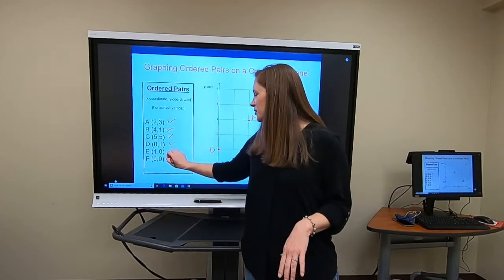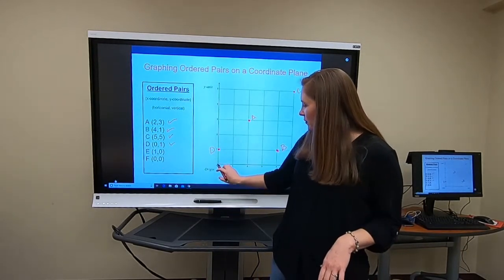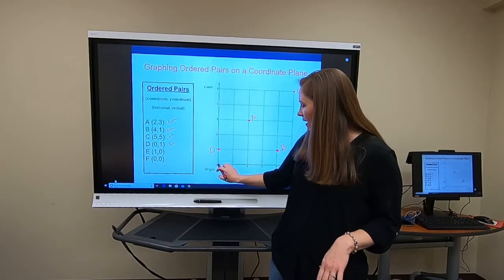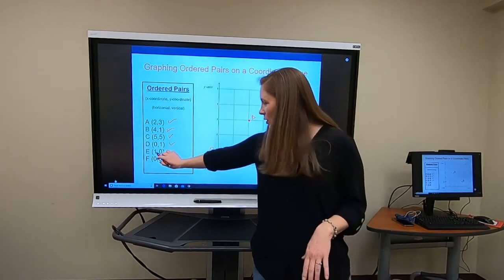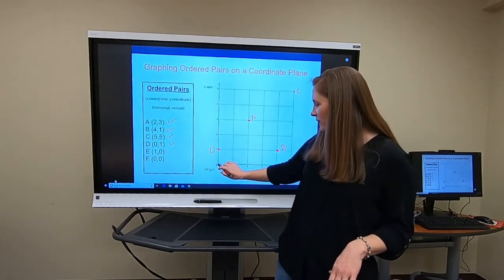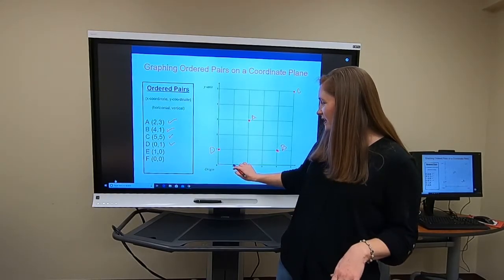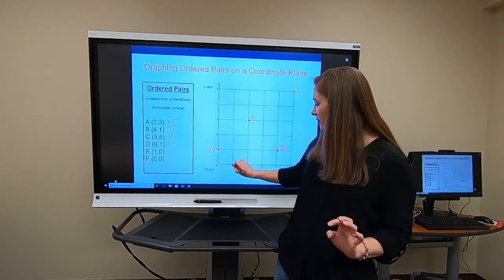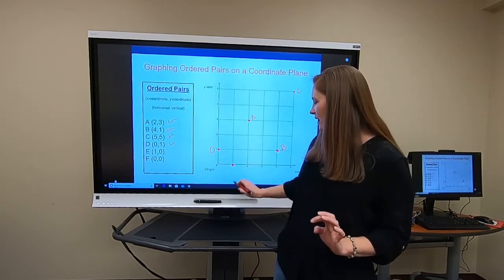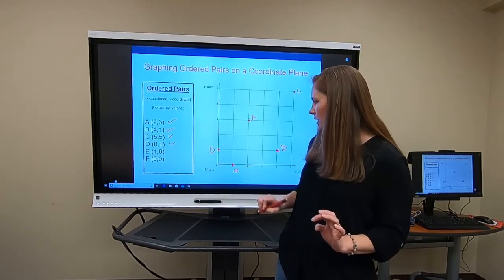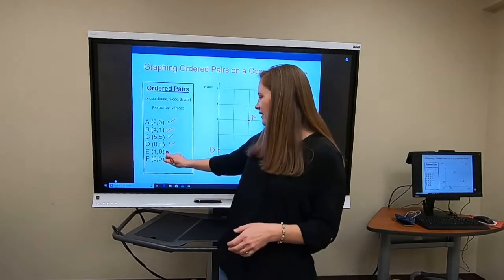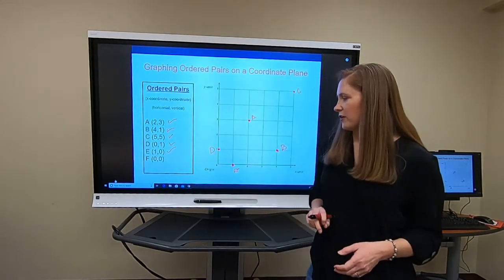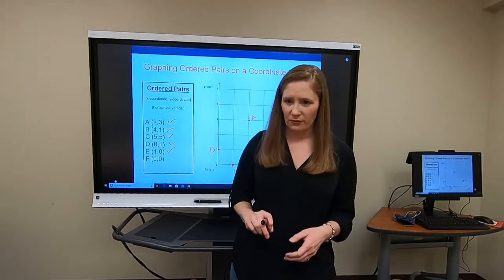Then we move on to 1, 0. The 1 tells me to go horizontal first, so I go 1, but 0 tells me to stay. So I stay right at that axis, and that is point E. The last one I have here is 0, 0.